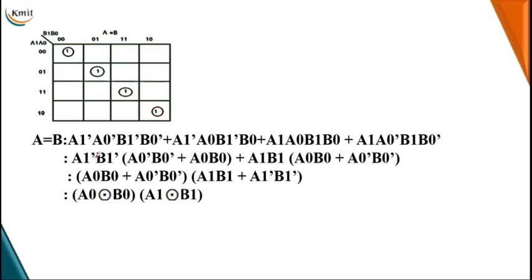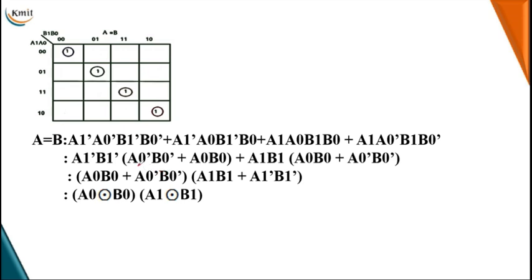Now let me take A1 bar B1 bar as common variables, with A0 bar B0 bar plus A0 B0 from the first two terms. For the second two terms, I take A1 B1 common with A0 B0 plus A0 bar B0 bar.